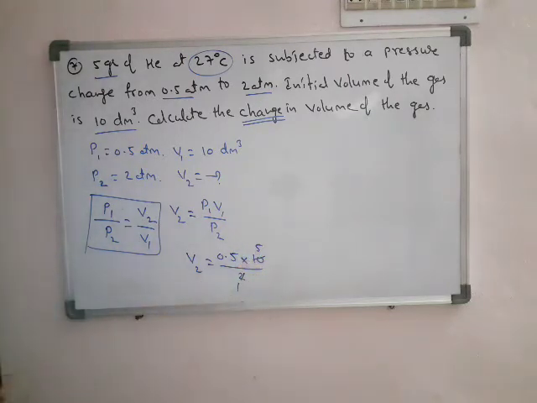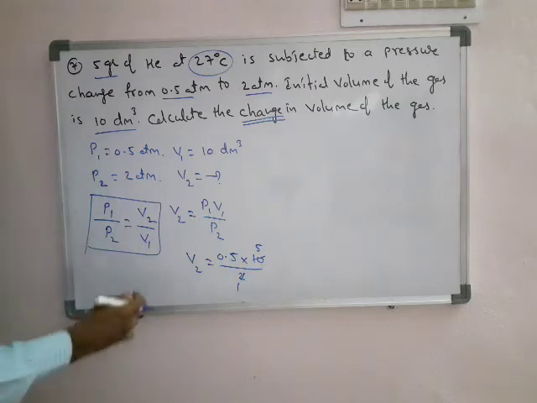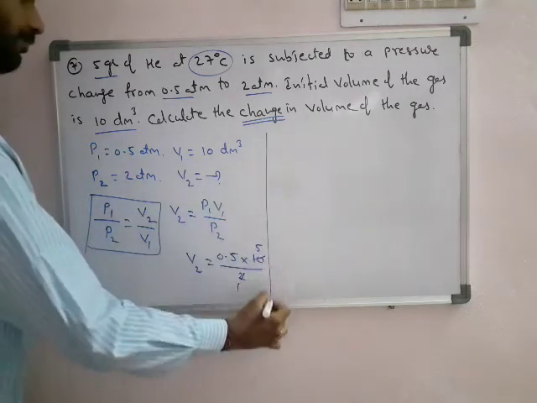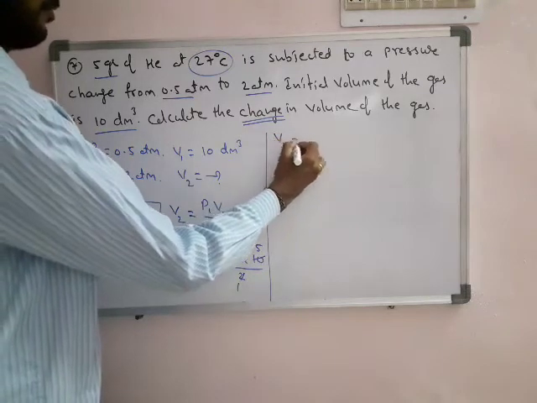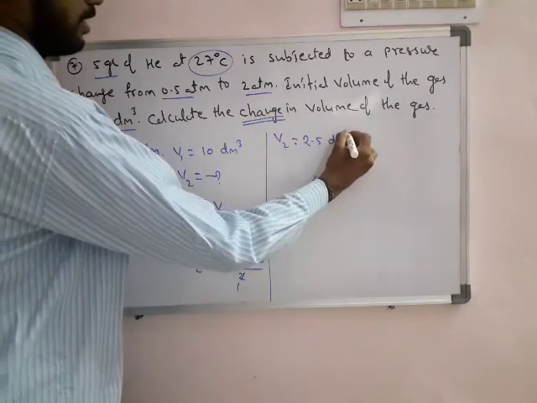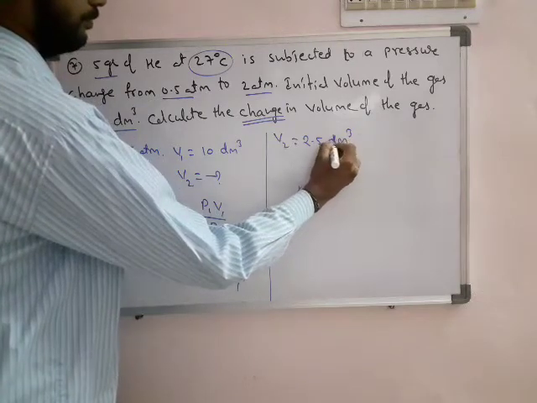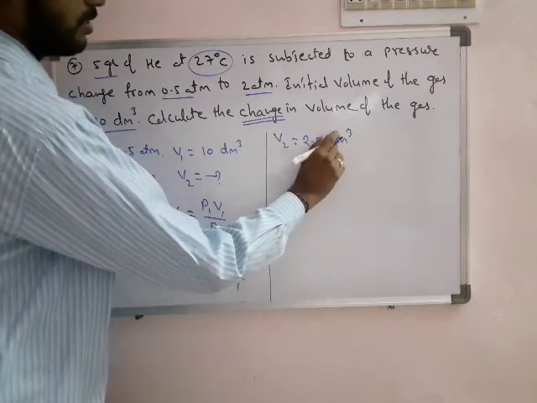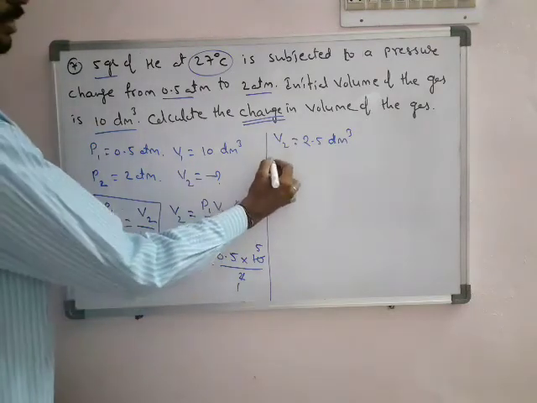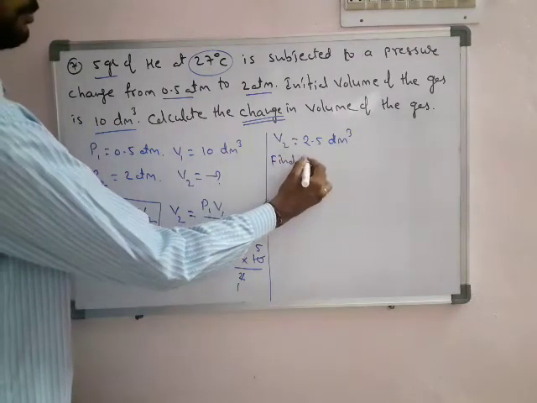Finally we will get V2 equal to 2.5 decimeter cubes. So is it the answer? It is not the answer. This is only the final value.